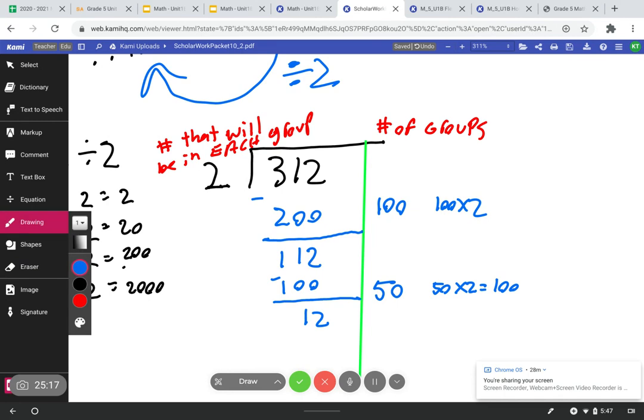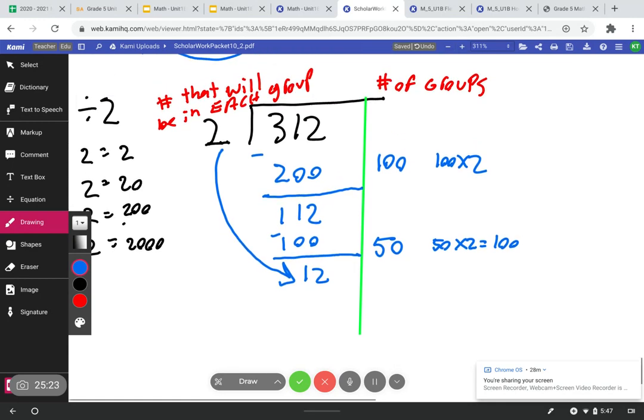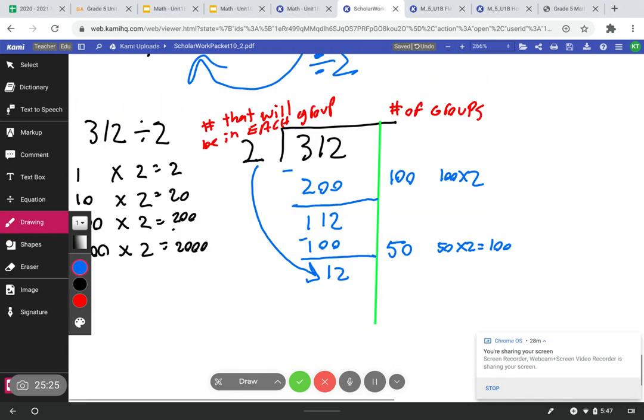So now I am focusing on how many times does 2 go into 12? If I do 6, because 6 times 2 equals 12, I can have 6 groups because 6 groups with 2 each is 12. I'm going to have 0 left over.